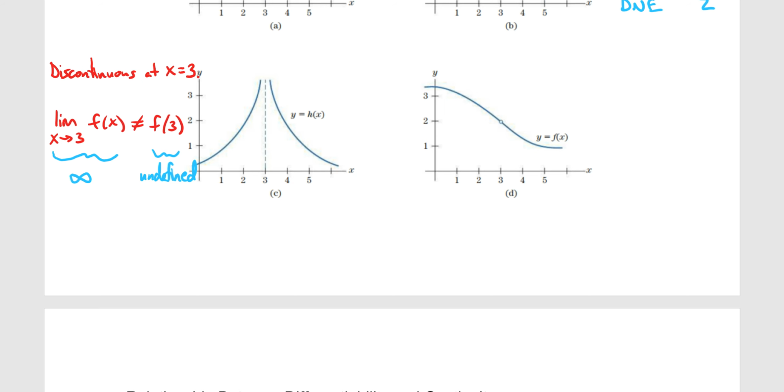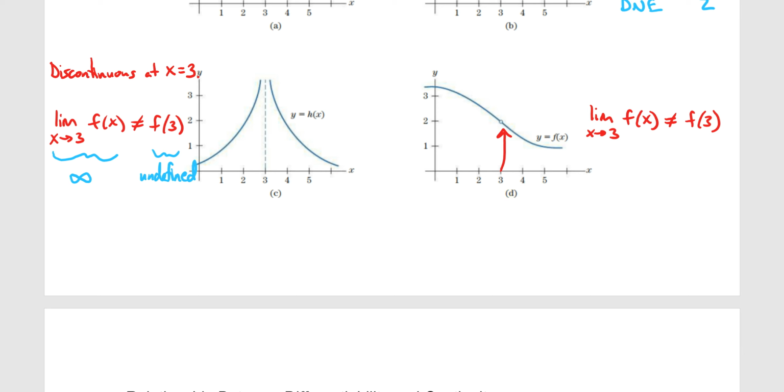And then the last one over here, on the right for D, taking a look at this at x equals 3, clearly we have a hole here. So this is going to be discontinuous, and once again we say the limit as x approaches 3 of f of x does not equal f of 3.